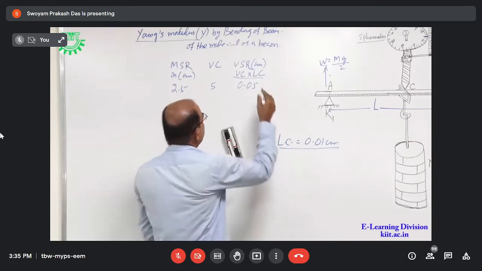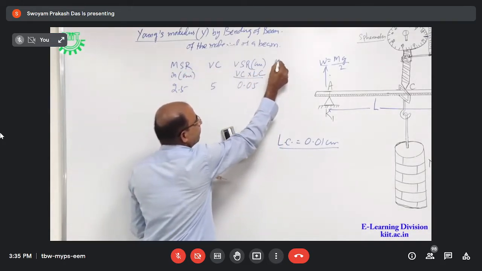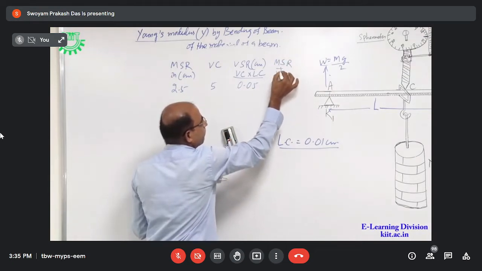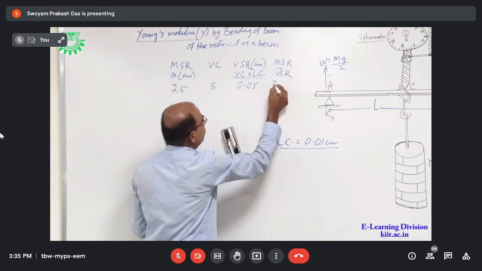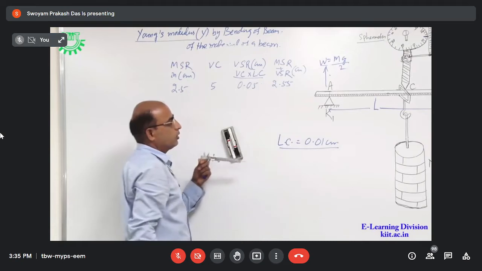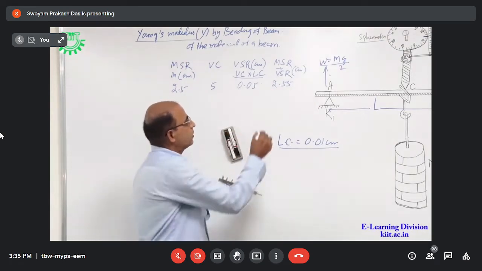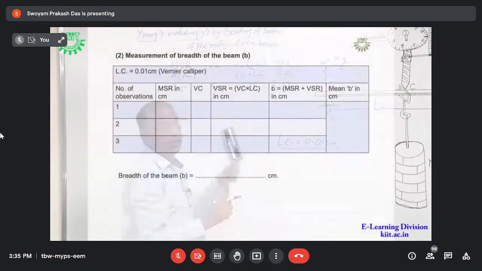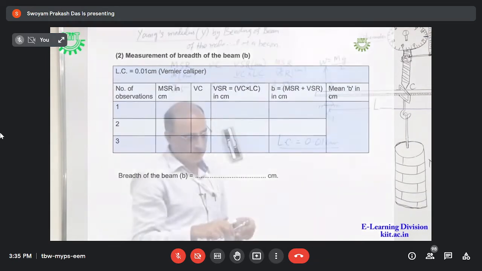Then when we add these MSR and VSR, that is 2.55 centimeter, which is the breadth of the beam. Now, in this way, we will take three observations at three different places of the beam. Then we will find the average value, which will be more accurate.